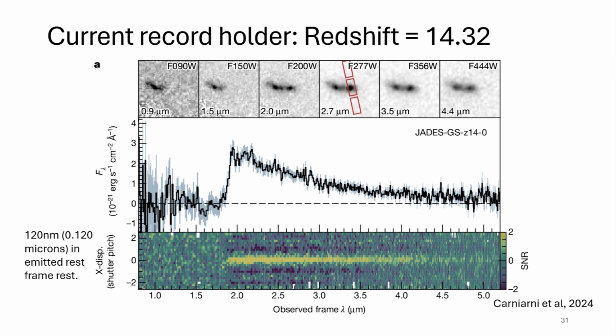This sharp break is caused by hydrogen in the universe, because the universe is 75% hydrogen. Most of it's highly ionized, so it's just protons and electrons flying around, but there's a small amount in the neutral state, and this causes this absorption edge. And it's completely black.